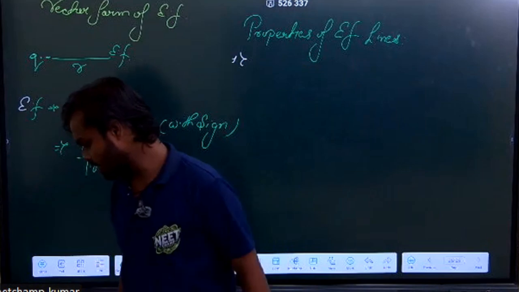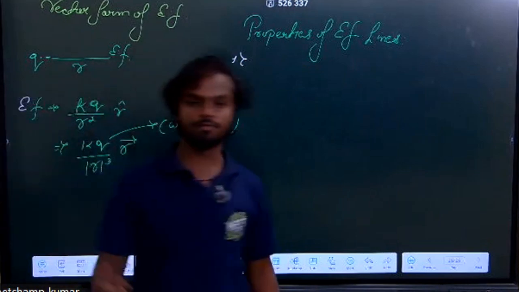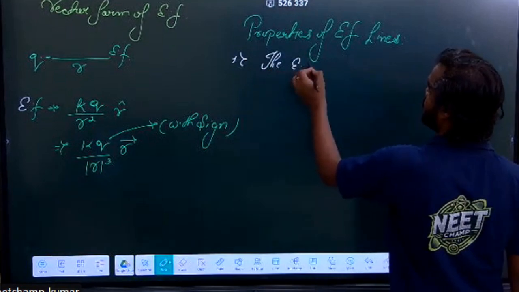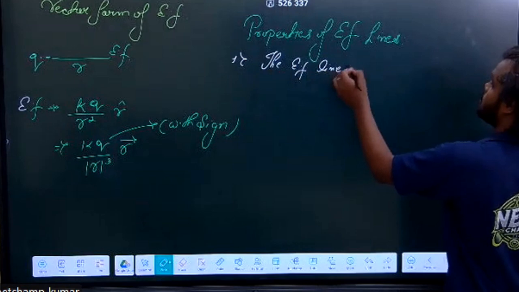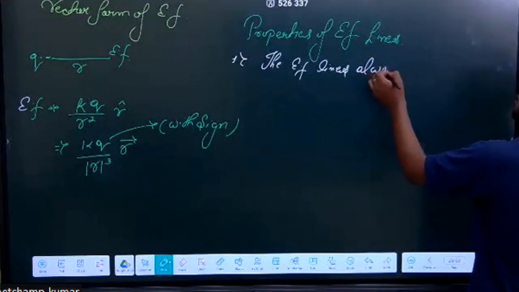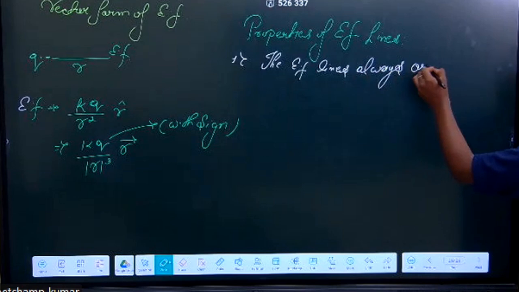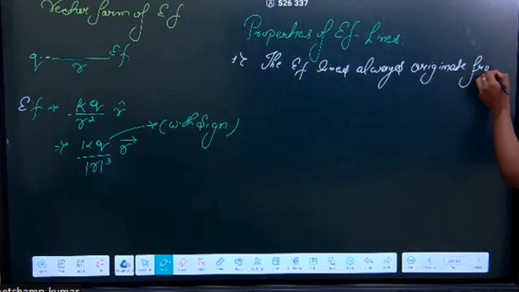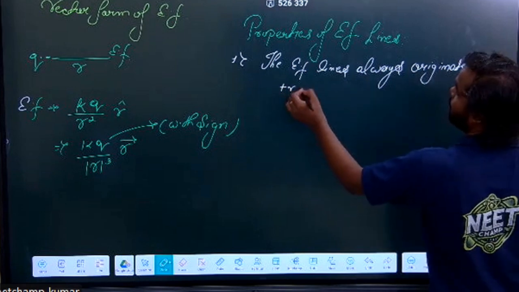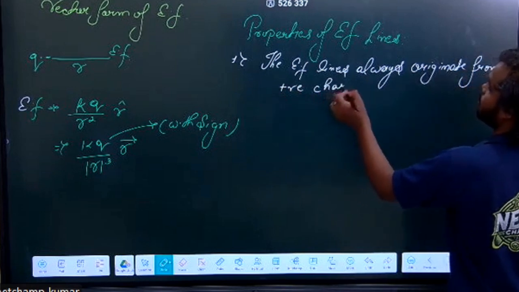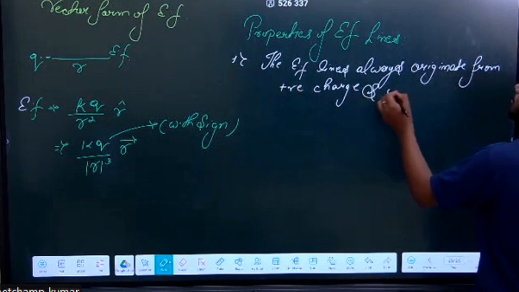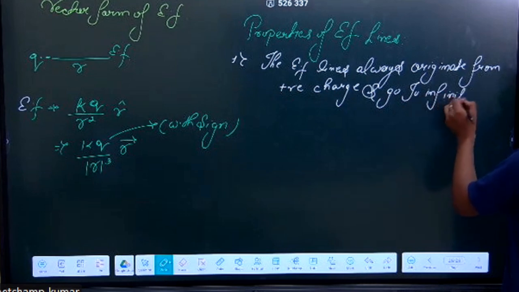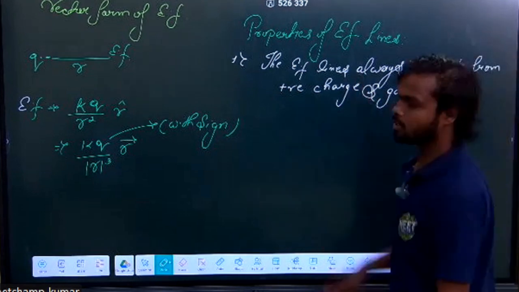So our first property is that the field lines always originate from a positive charge and go to infinity.